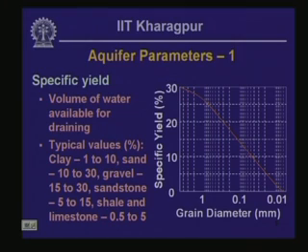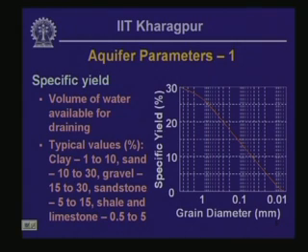And also it is clear from the second point noted on the left side of this particular slide that specific yield becomes smaller and smaller as the individual grain size becomes smaller and smaller, particularly because of capillary action of the matrix, of the solid matrix.